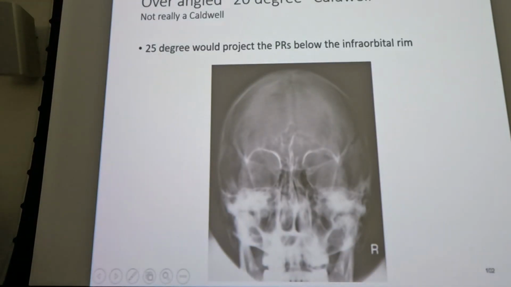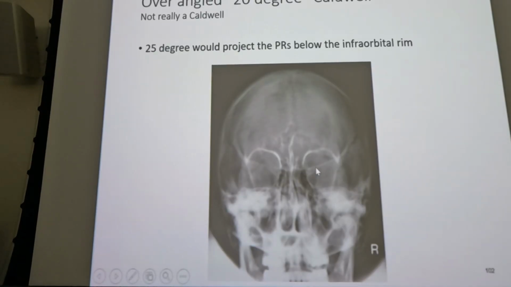Okay, so again, this is not a Caldwell, but with a 20-degree angulation, as we increase our angulation, our orbits get more rounded and it pushes the petrous ridges further down into the orbit. So it's all the way at the bottom of the orbit. If we increase to 25 degrees, we would push them into the maxillary sinuses completely out of the orbit.